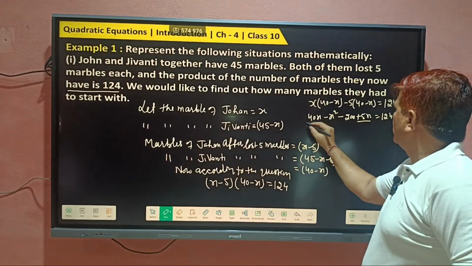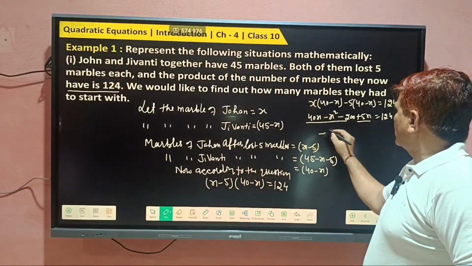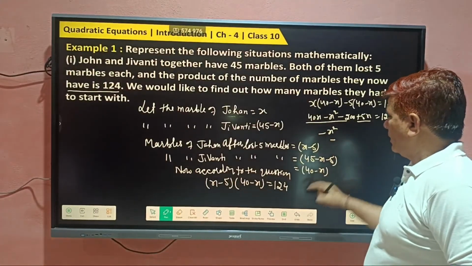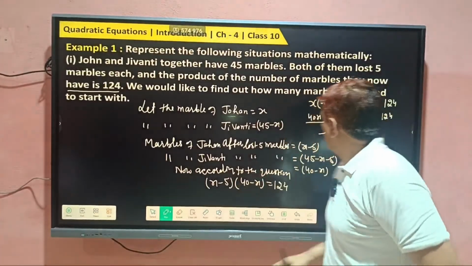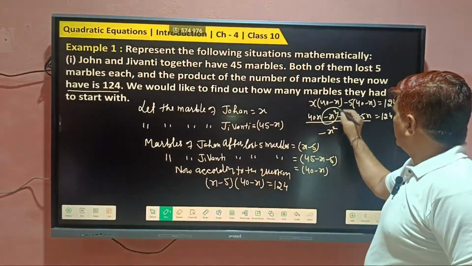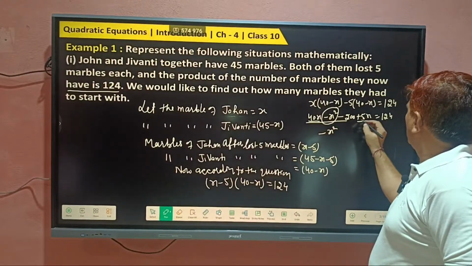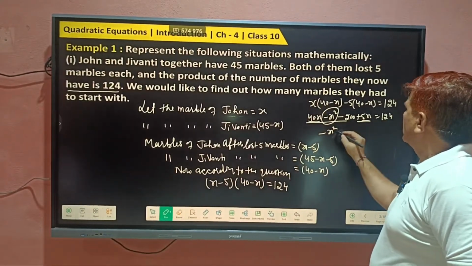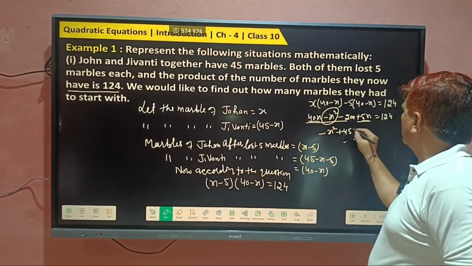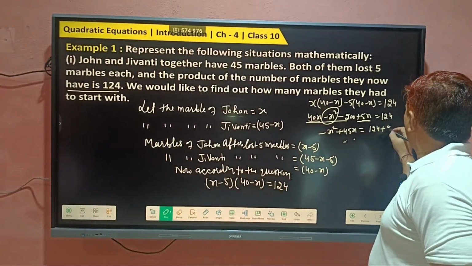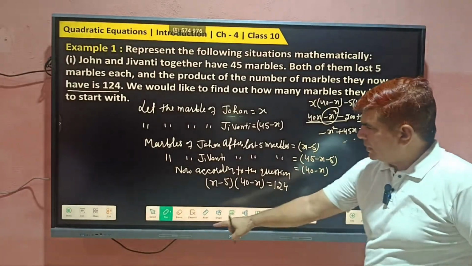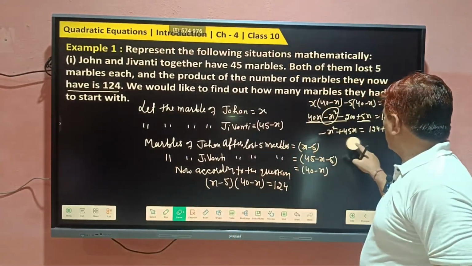Check one time. Minus X square, minus X square, we have taken. Then 40X and 5X, 45X, is equal to 124 plus 200. Yes or no?